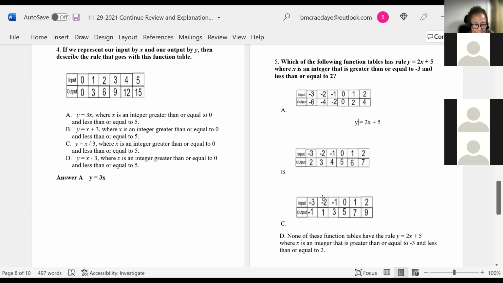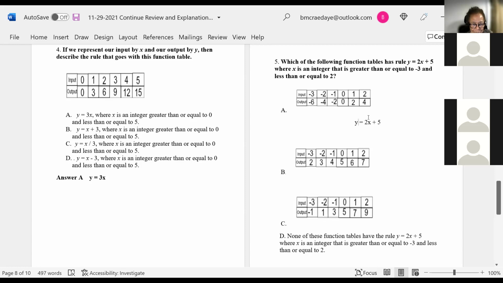Let's go to this one. 2 times a minus 2 is what? A minus 4, and a minus 4 plus 5 is a plus 1. So that works. 2 times a minus 1 is a minus 2, and a minus 2 plus 5 is a 3.